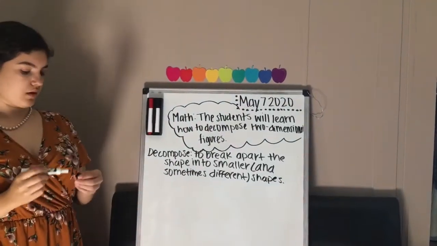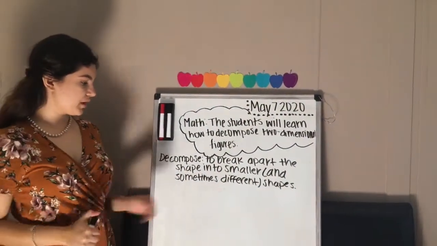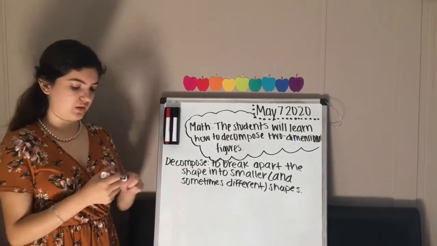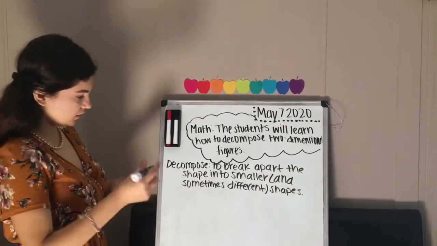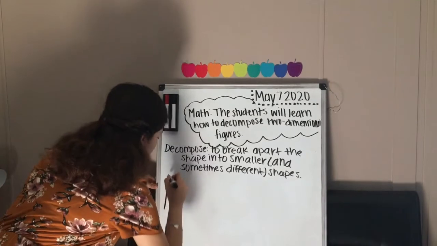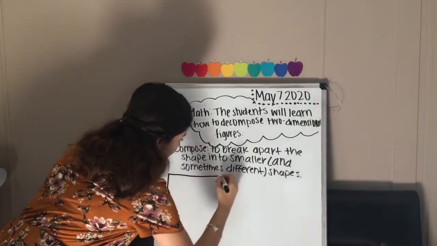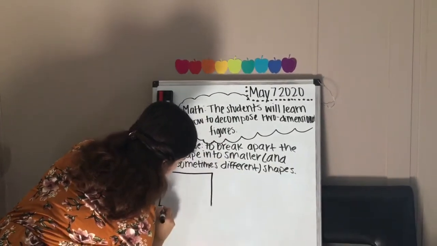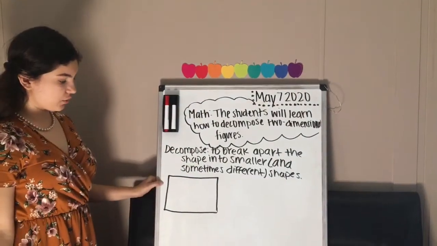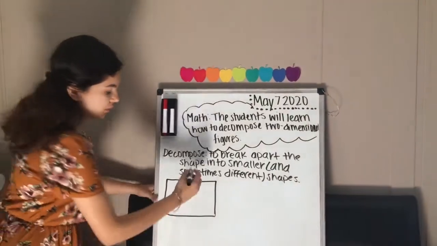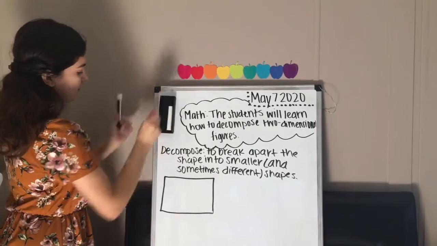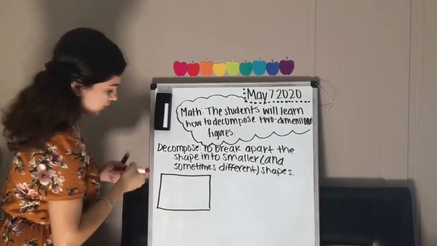Okay, so why did I put and sometimes different? So we're going to use an example of a rectangle so you can visualize this. So we have a rectangle. And in order to break it apart, we can do it vertically, like this.